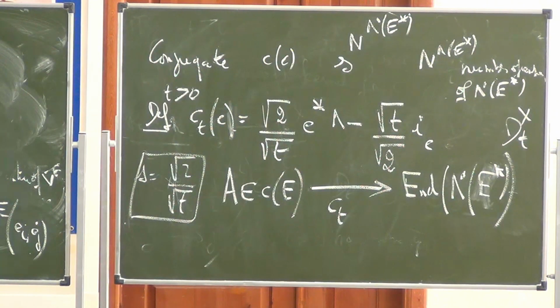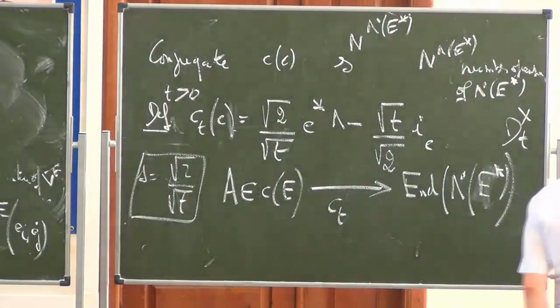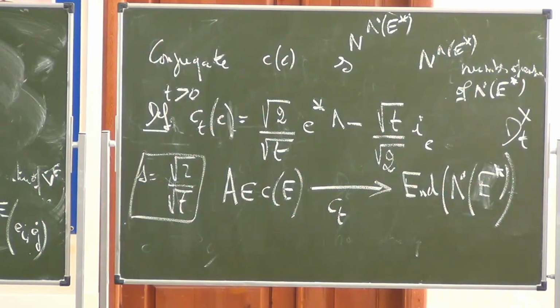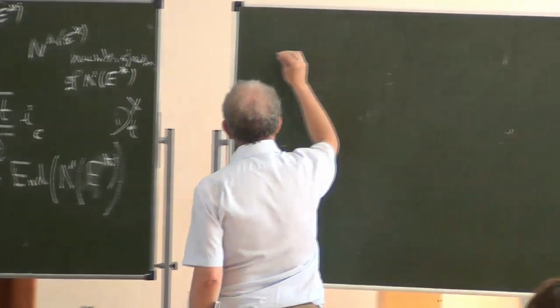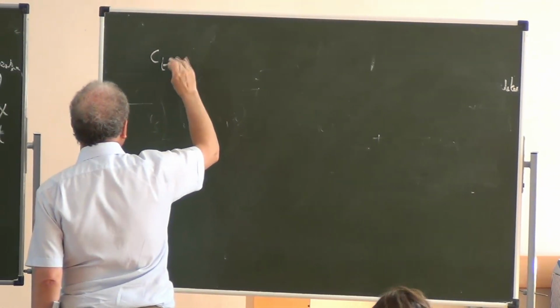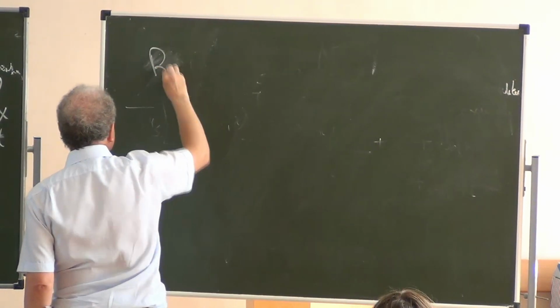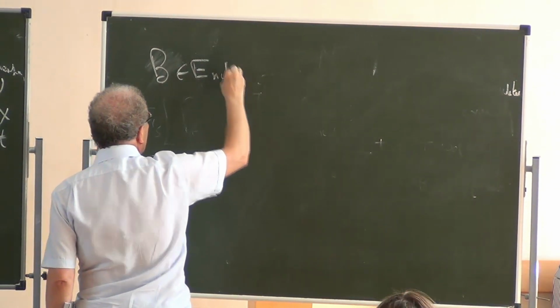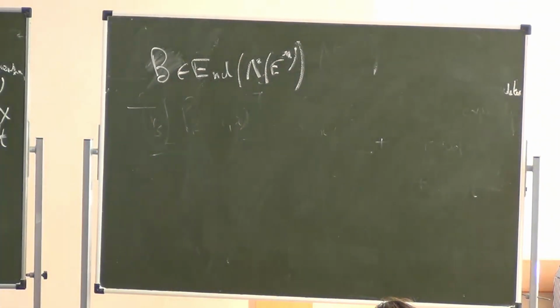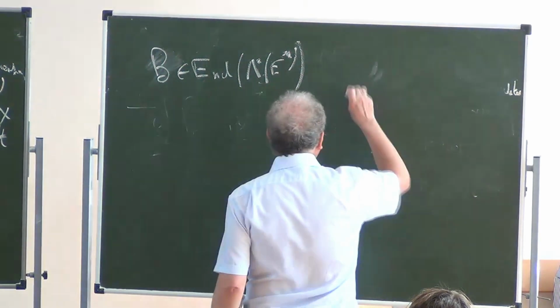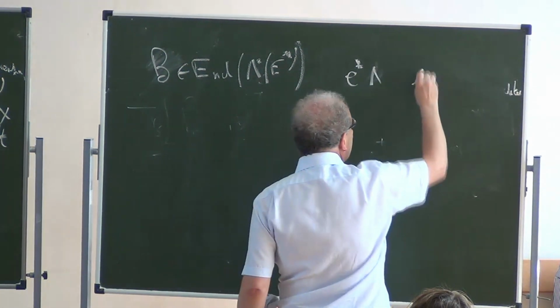Okay, so what I will try now to do is give a formula for the supertrace. So, in other words, if I take CT, if I take any element B in the endomorphisms of lambda of E star, it's extremely easy to show that as an algebra, the endomorphisms of the exterior algebra are spanned by exterior products and contractions.